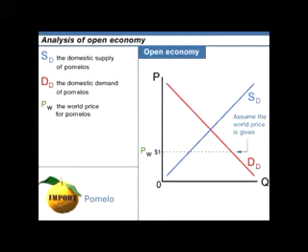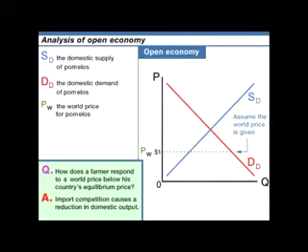So what happens in this market? The world price is fixed. France is a small country, and it takes this world price as given. What then do the people of France do? Well, let's look at our supply and demand curves, which represent the behavior of people in this market. On the blue curve, we can see what the French farmers are going to do when the price of pomelos is set at $1 per fruit.